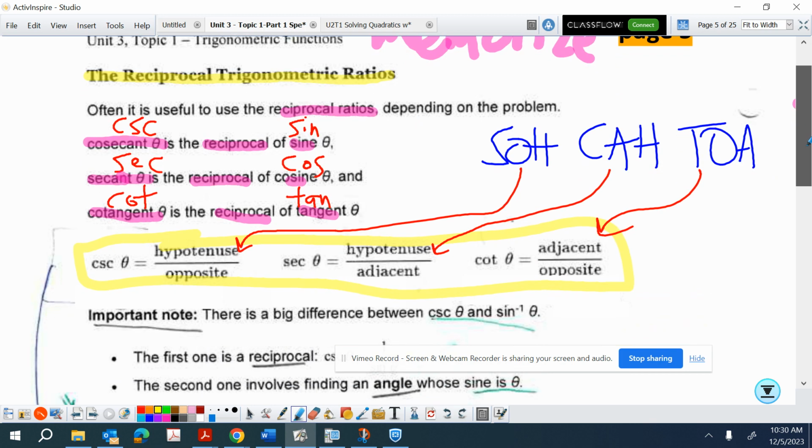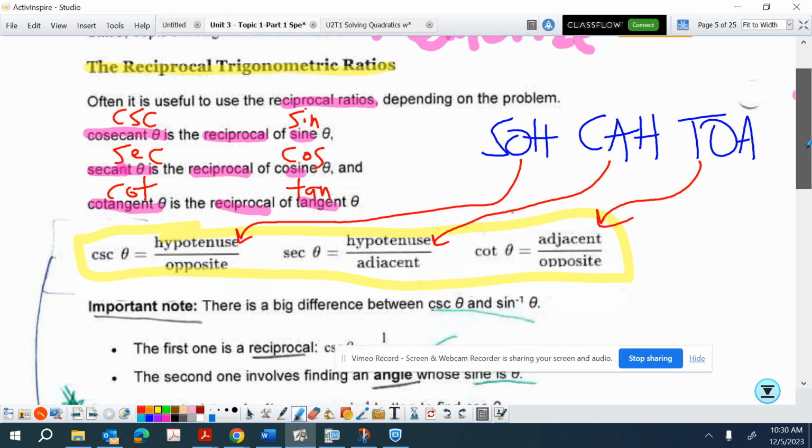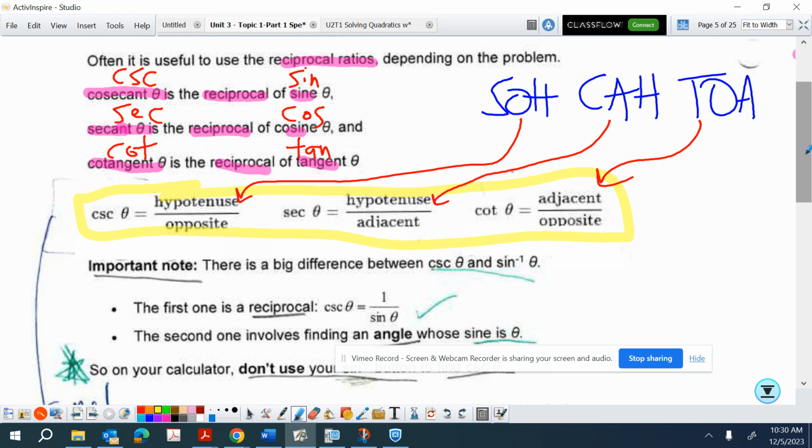In addition to the reciprocal triangle ratios, we also have these relationships. So if I'm doing cosecant, and cosecant is 1 over sine, then rather than opposite over hypotenuse for SOHCAHTOA, I'm going to do hypotenuse over opposite since you have to flip the fraction.